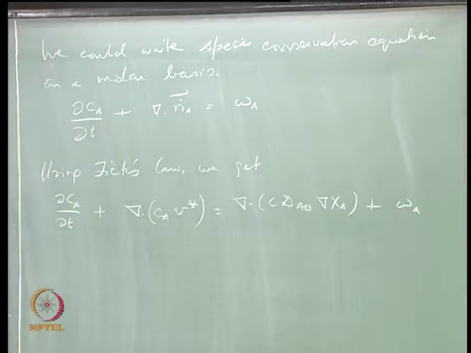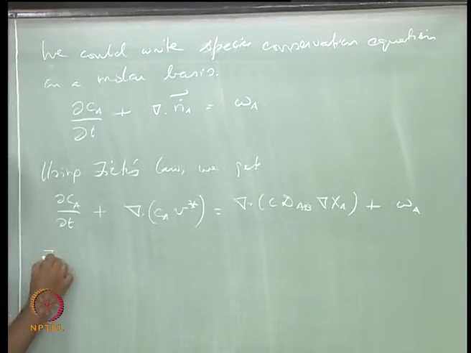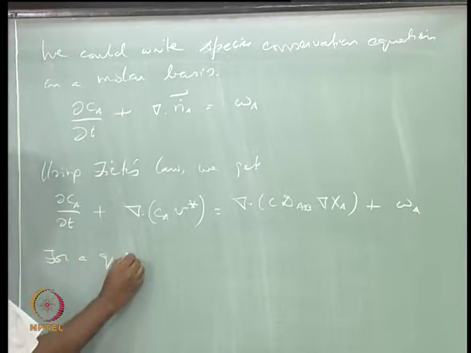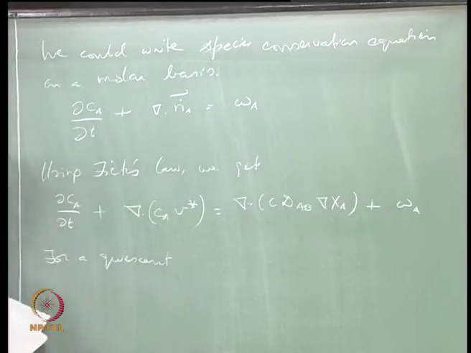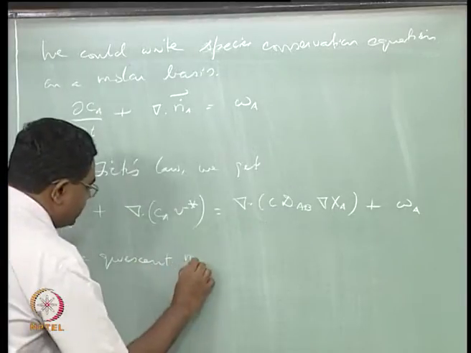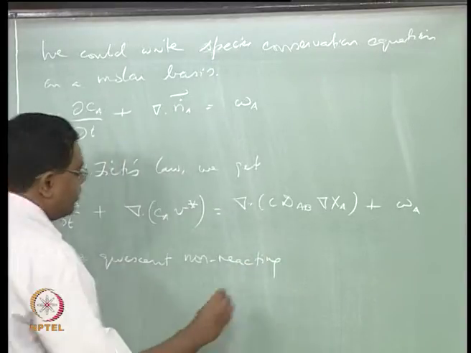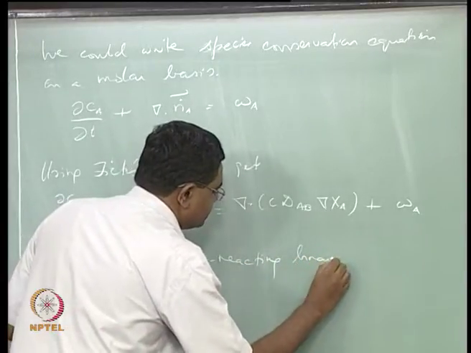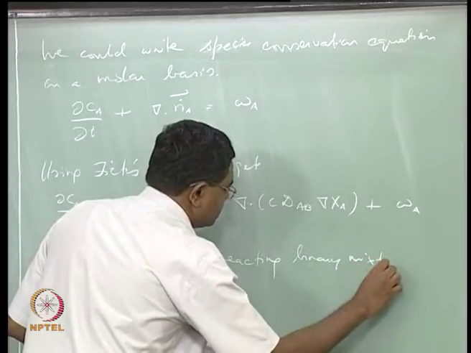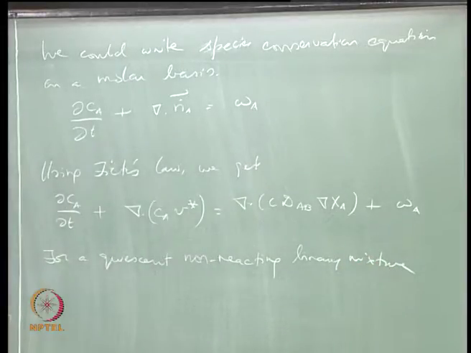Now for a quiescent non-reacting binary mixture, what's meant by quiescent? Effectively we say V star is equal to 0, right? And what is meant by non-reacting?